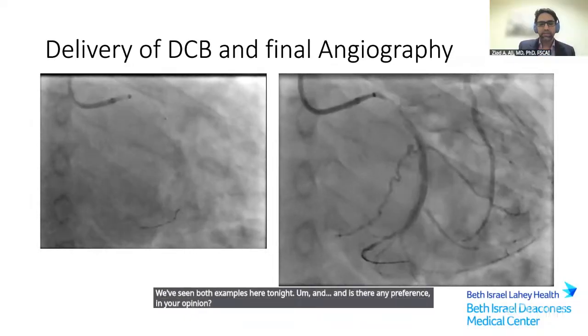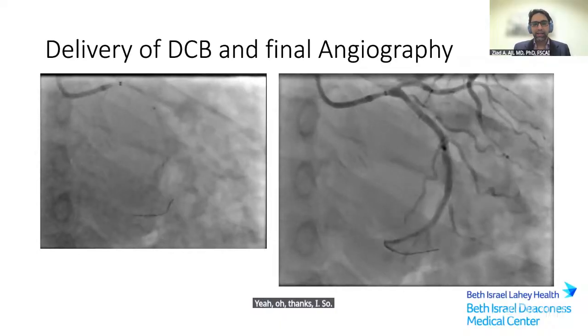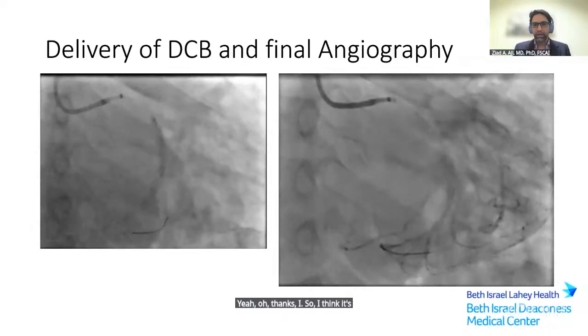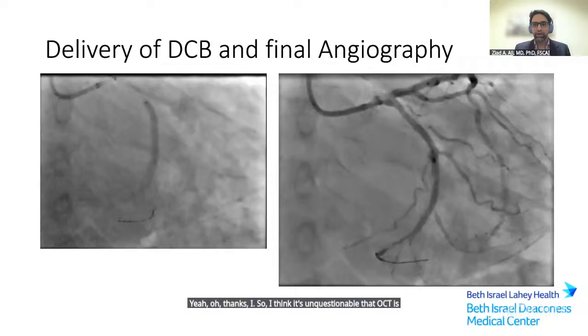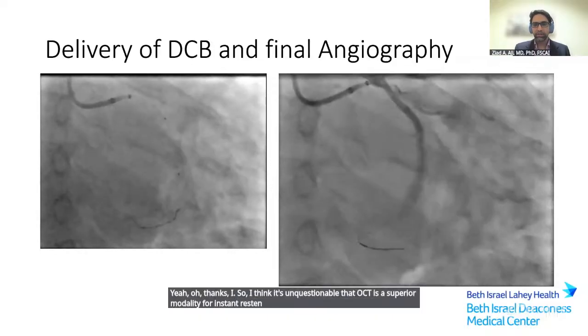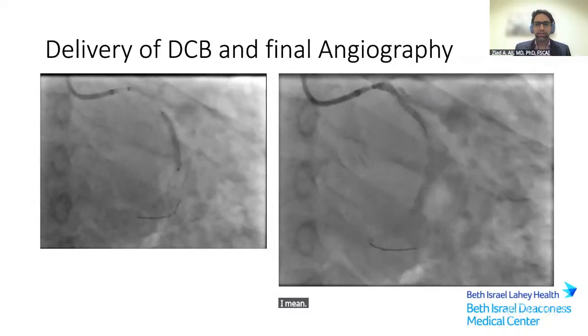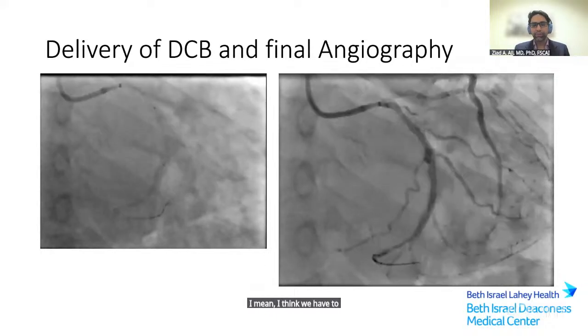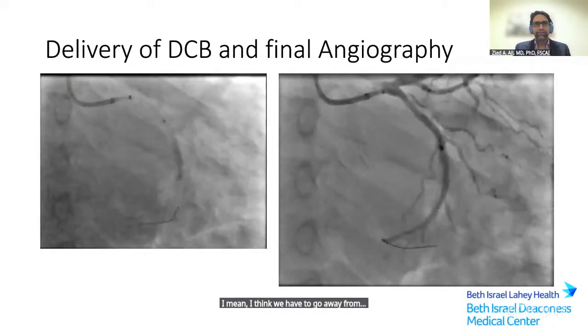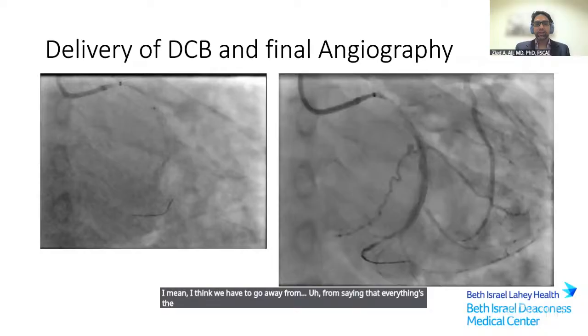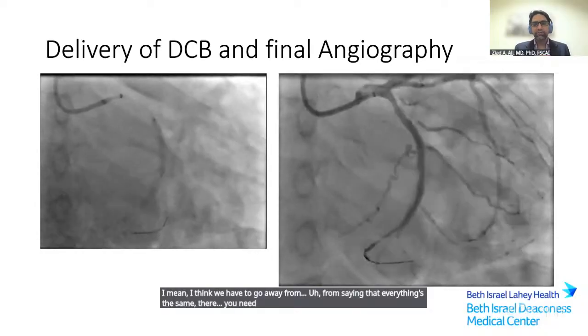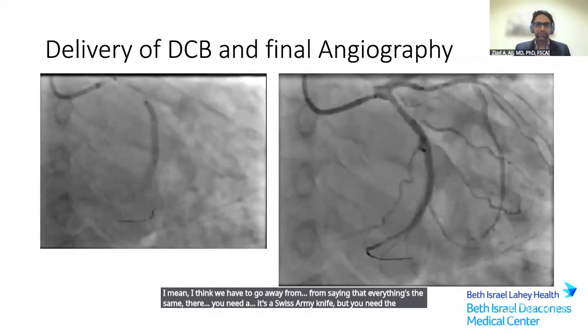Yeah, thanks, Sai. I think it's unquestionable that OCT is a superior modality for in-stent restenosis assessment. We have to move away from saying that everything's the same. It's a Swiss Army knife, but you need the right blade for the right time.